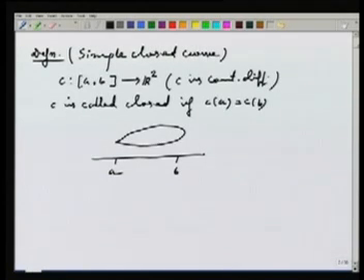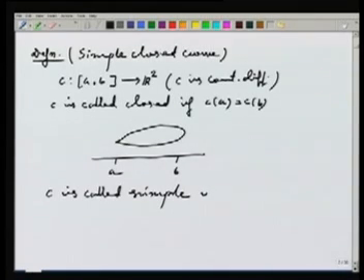That means the initial point and the final point are the same, and C is called simple if there is no crossing in the curve.